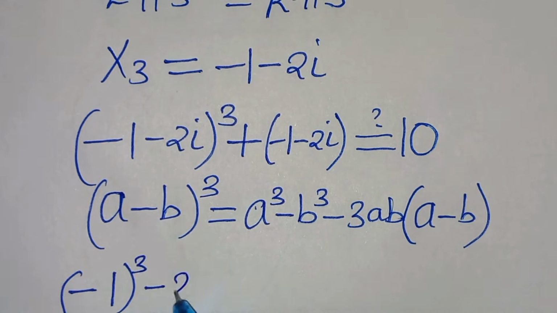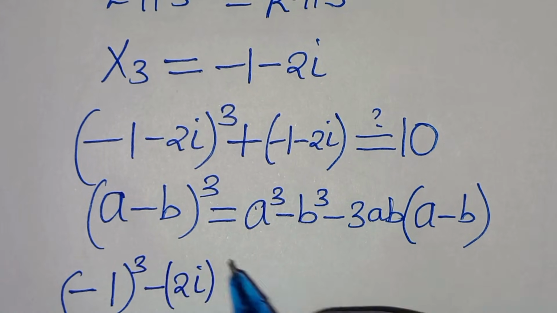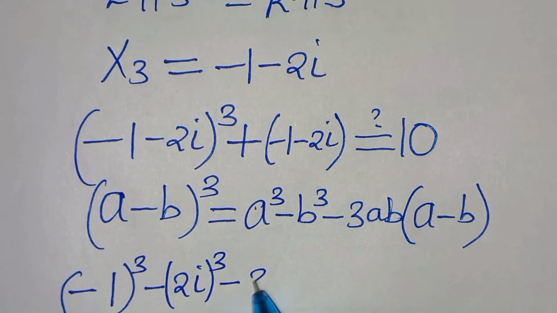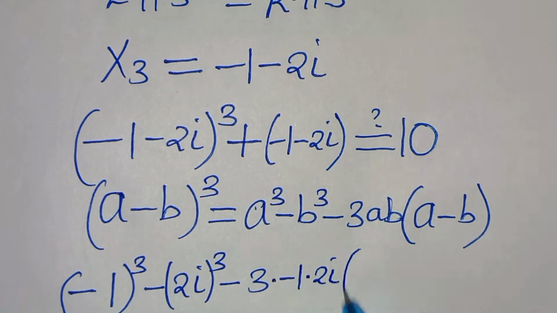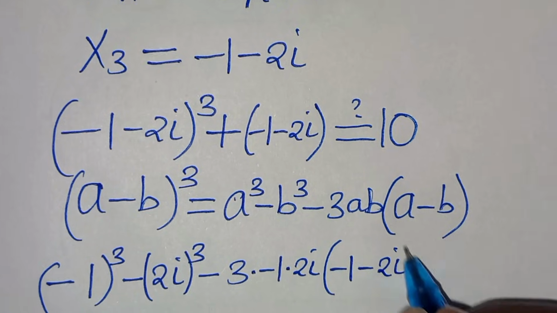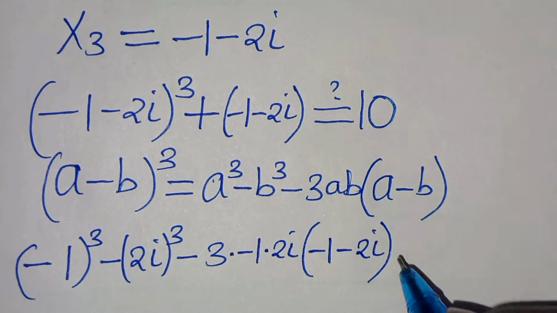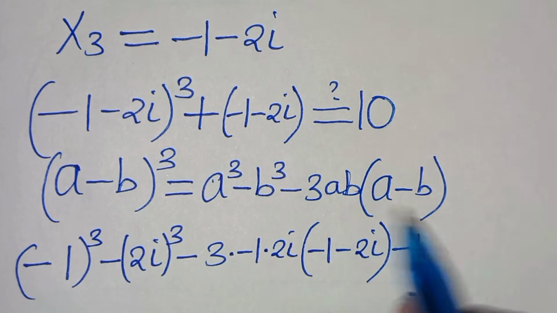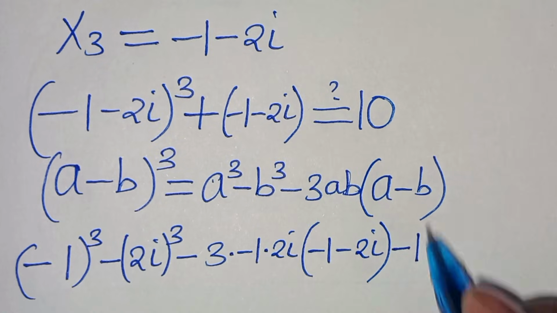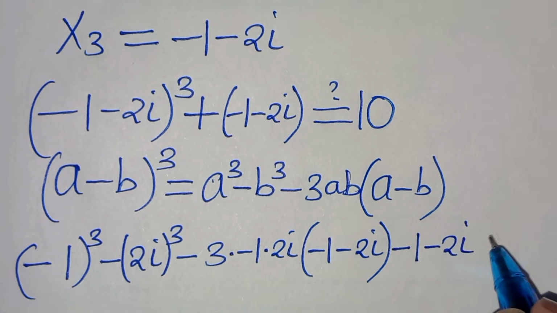Then subtract (2i)^3. Then subtract 3 times -1 times 2i into the parentheses. This is -1 - 2i. Then here we have plus times -1, this is -1. Then plus times -2i, this is -2i. This is supposed to give us a value of 10.